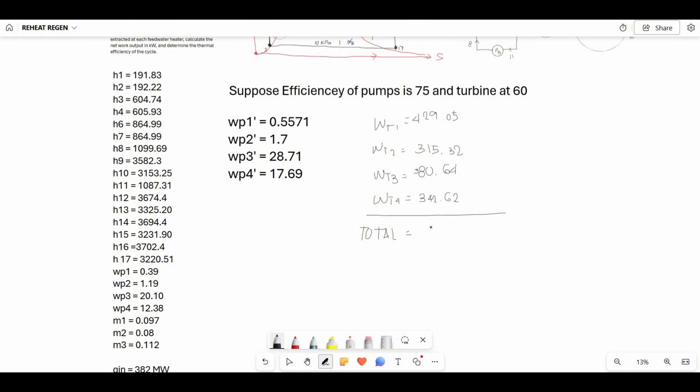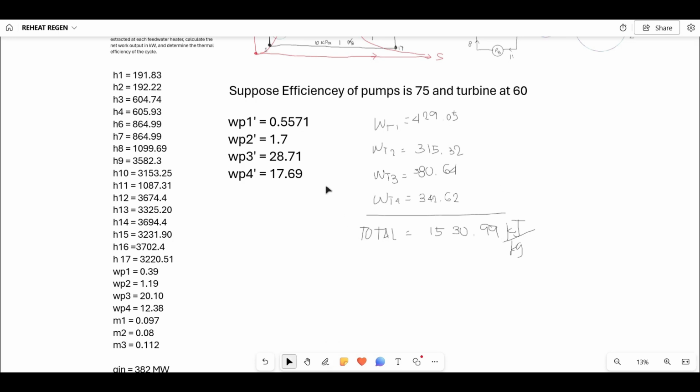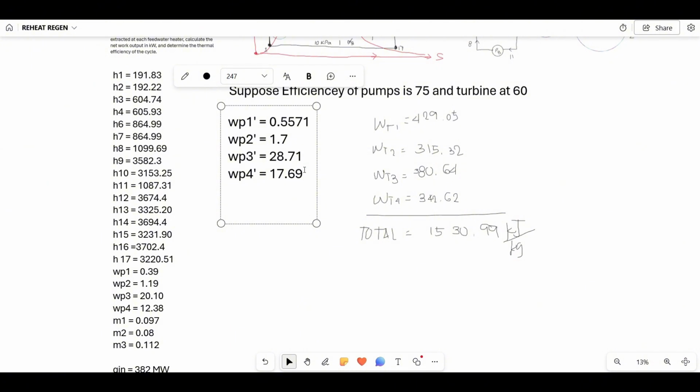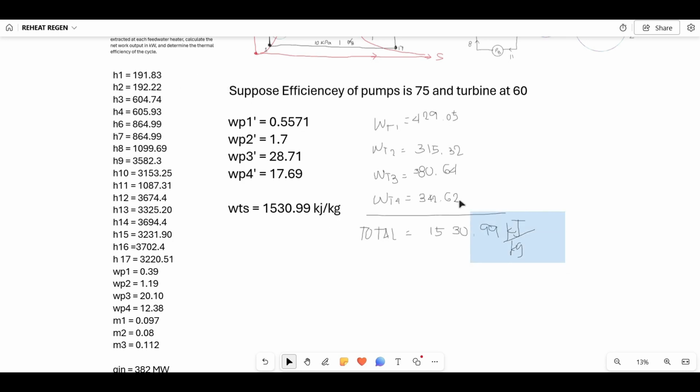We have the total work of the turbine at 1,530.99 kilojoules per kilogram. Oh no, this is the ideal work, sorry. 1530.99 kilojoules per kilogram.